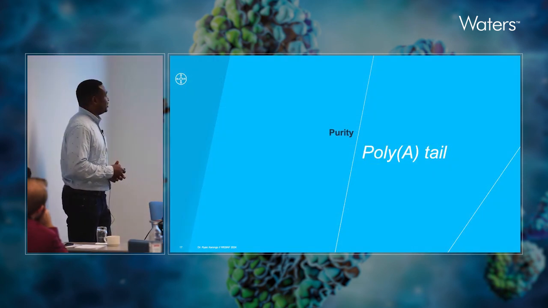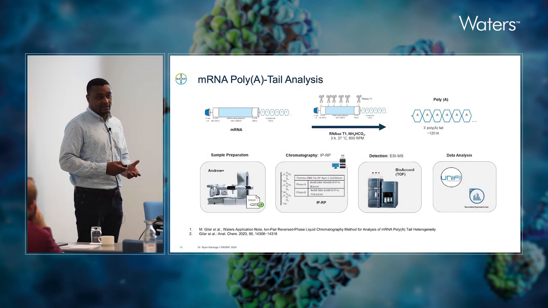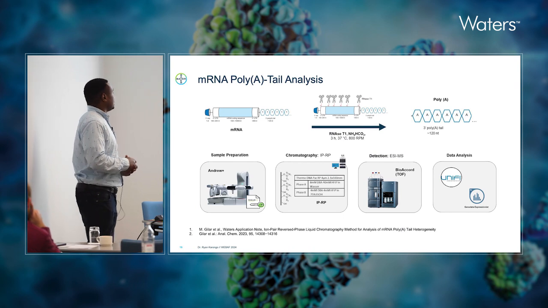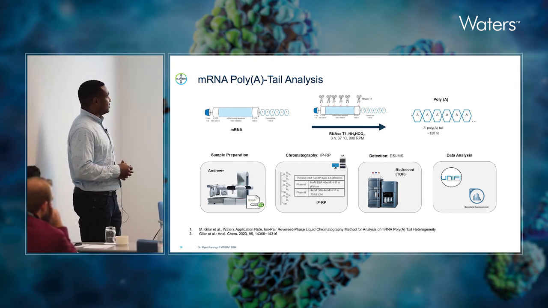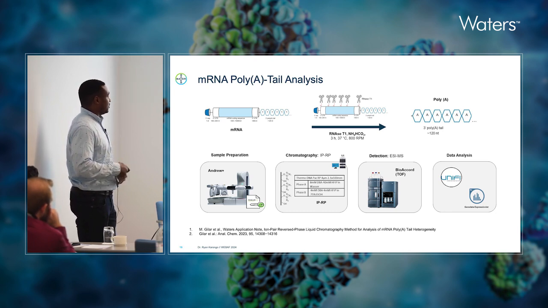So the next part will be the poly-A tail as a second quality attribute, which we look at. For this purpose, we digest the mRNA using the RNase T1 enzyme, to be able to release the poly-A tail.